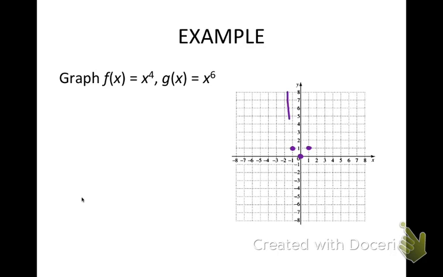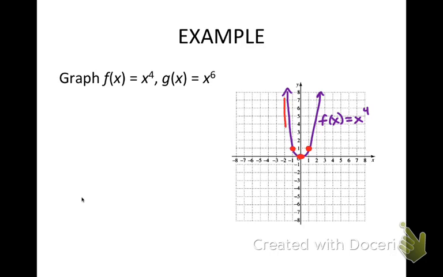So we get something that looks like a parabola, but let's flatten it out a little bit more than a parabola. So there's my f of x is equal to x to the 4th. What would change for my x to the 6th? It's going to flatten even more. Are my points going to change? Nope.